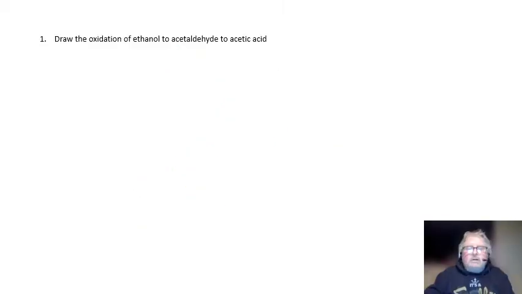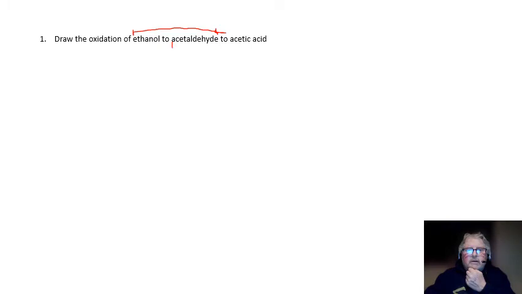What you have to know how to do with carboxylic acids is to be able to draw them, give them a name, or name the drawing. There is also some chemistry you need to know. We did this reaction last test, where we took a primary alcohol, and ethanol is a primary alcohol. Whenever you take a primary alcohol, you can oxidize it to an aldehyde.